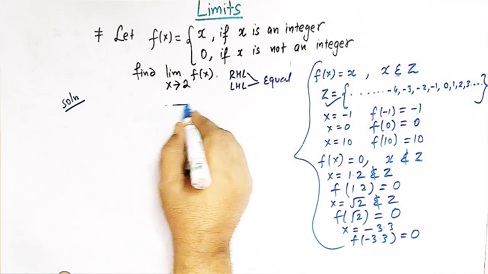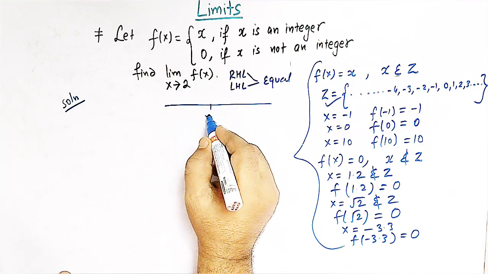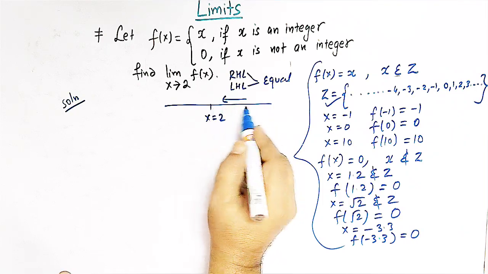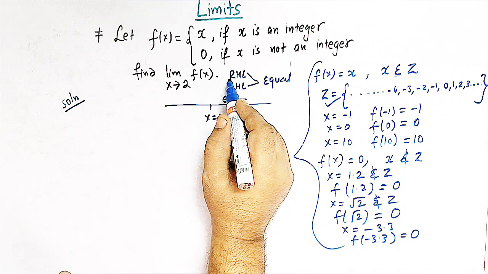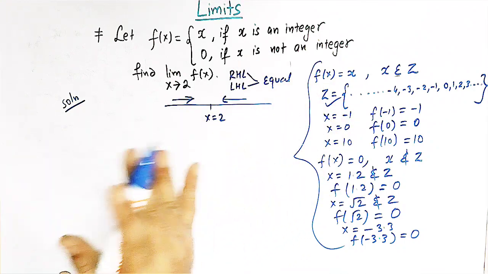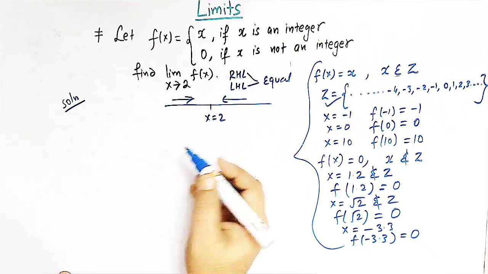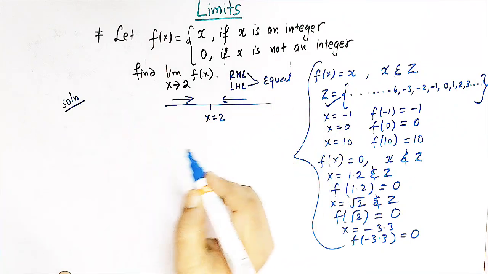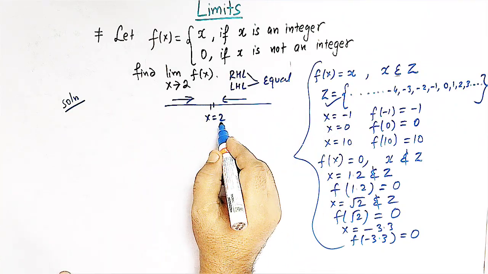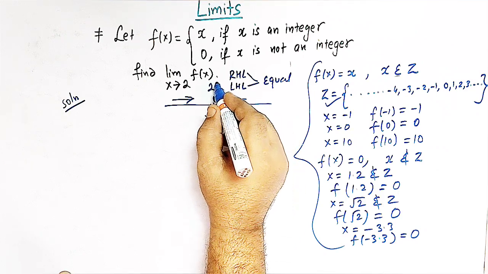So now here we have this point, that is x is equal to 2. So when we approach x is equal to 2 from the right of x is equal to 2, then we'll calculate the right hand limit, and when we approach towards x is equal to 2 from the left of x is equal to 2, then we calculate the left hand limit, right? So when we approach from right, we have a point in the right neighborhood of x is equal to 2, and this point is given by 2 plus h.